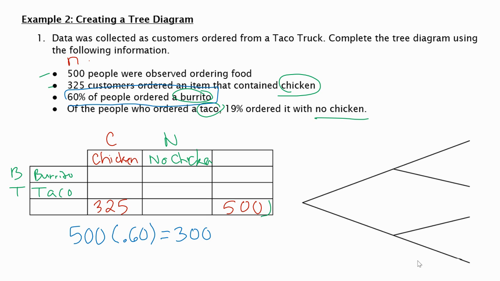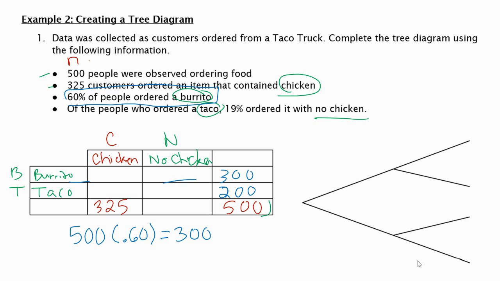So the number of people who ordered a burrito was 300. Okay, and so if there's 500 people and 300 ordered a burrito, 200 ordered a taco.